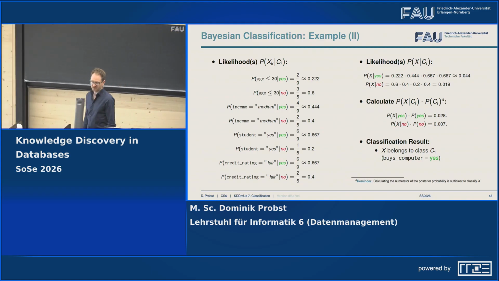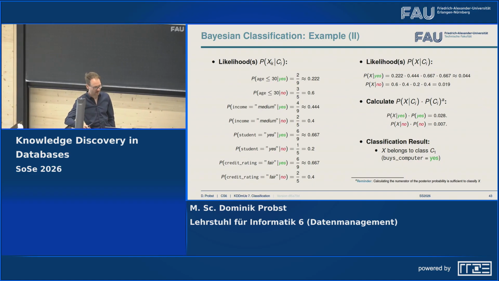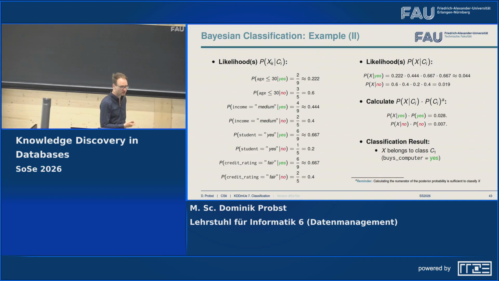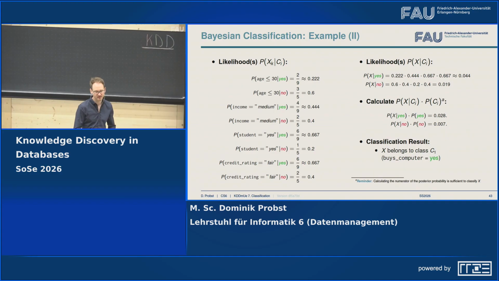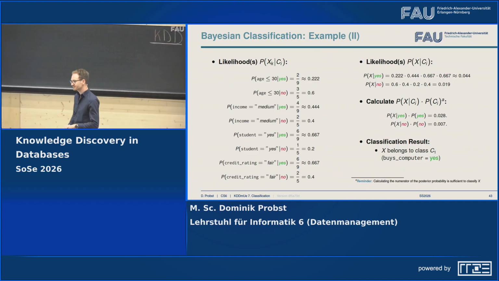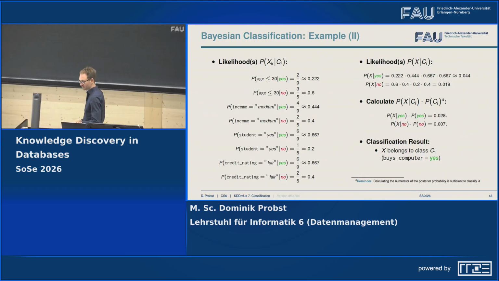While, of course, the mathematical terms are more complicated for naive Bayesian classification than with decision tree induction, I think naive Bayesian classification is far easier to really perform, because it's just taking a look at two different values. We have to calculate these, and then we are finished. However, of course, it's harder to comprehend.